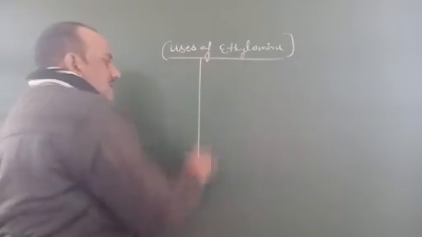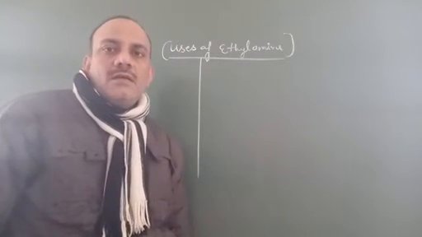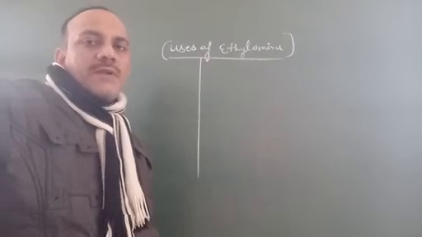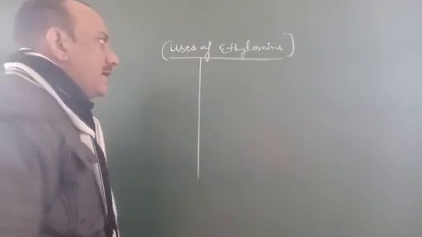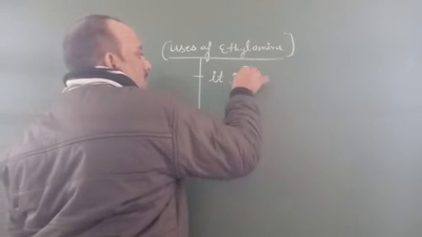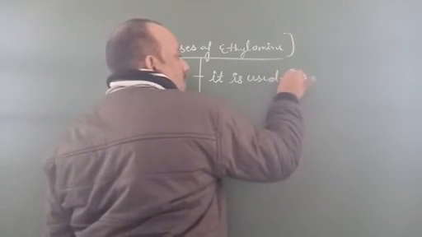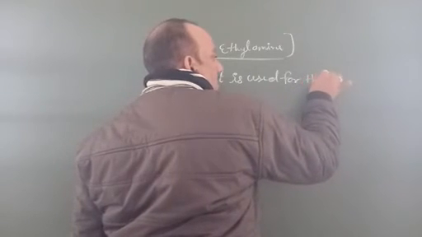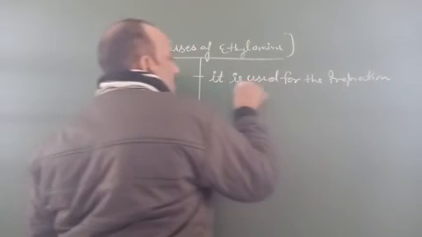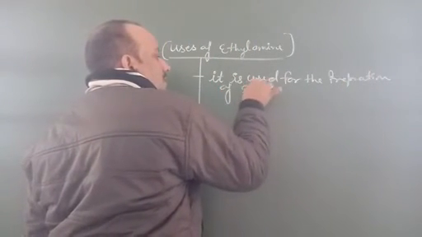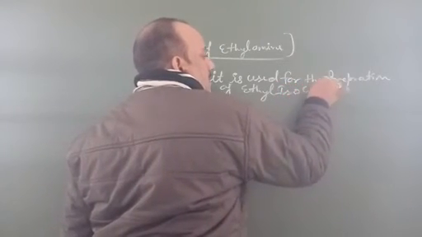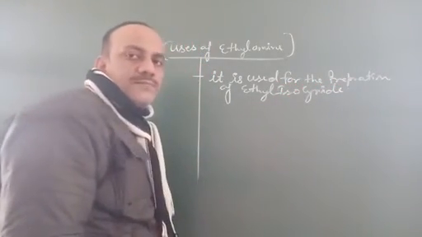So we discuss some important uses here. First, it is used for the preparation of ethyl isocyanide, also known as carbylamine.